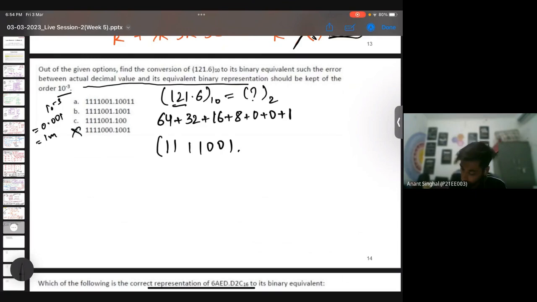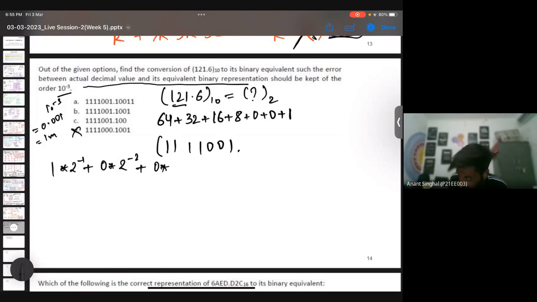And now if I try to calculate 0.6, we know that we have to start with 2 to the power minus 1, which is nothing but 0.5. So it will be 1 into 0.5. Then we need 0.6, so we cannot go for 0.25. Even 0.125 will exceed that number.